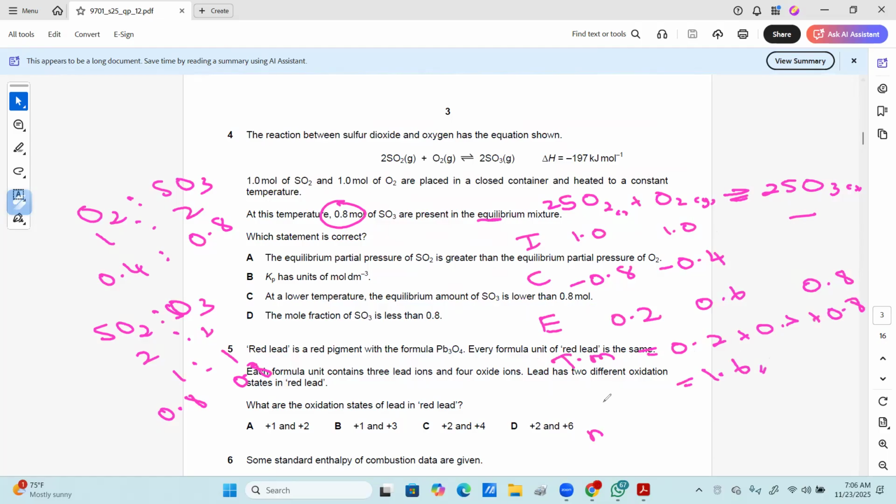And the mole fraction, we can find separately. Mole fraction of sulfur dioxide is equal to 0.2 over 1.6. So when you find the answer, it's 0.125. So I can find the mole fraction of oxygen, which is 0.6 over 1.6.